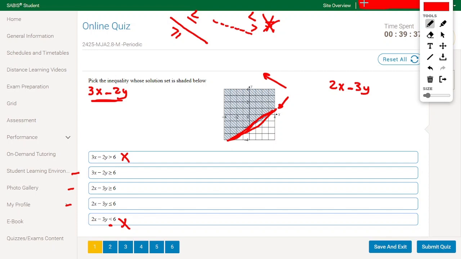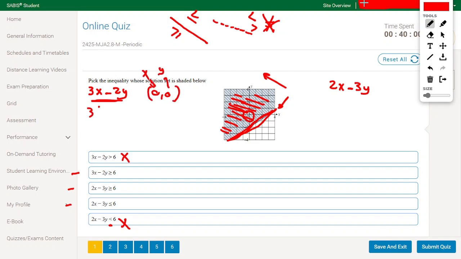Now, here the solution is above that line. So let's take any point and substitute in both equations, and let's see which one will be a solution for this inequality. Let's take, for example, point 0 and 0. Simple thing. x is 0, y is 0.